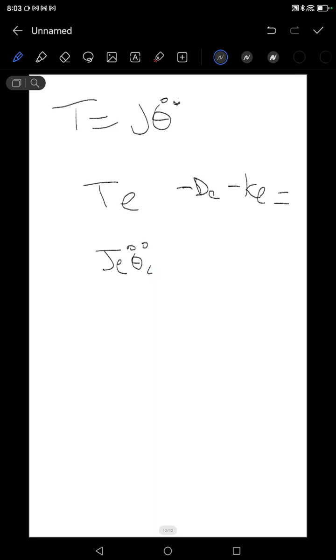Now that's where we're going to introduce what? The Laplace transform. We're going to introduce the Laplace transform, and then we have the T of s.